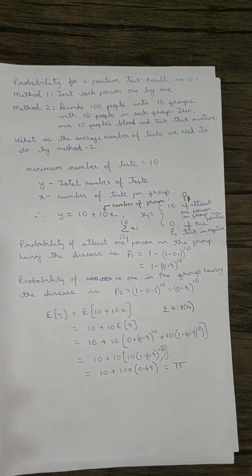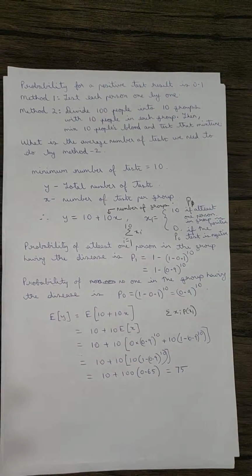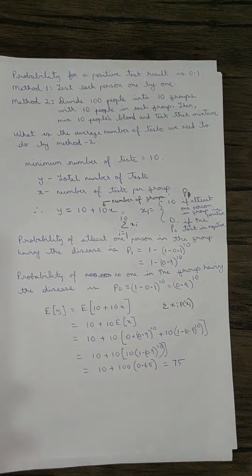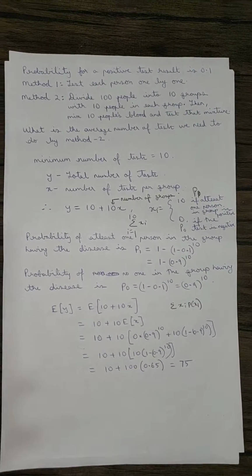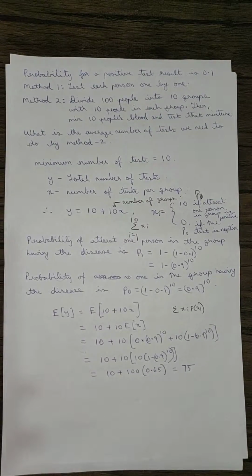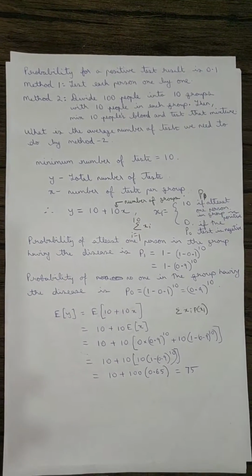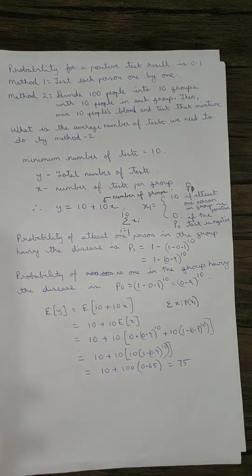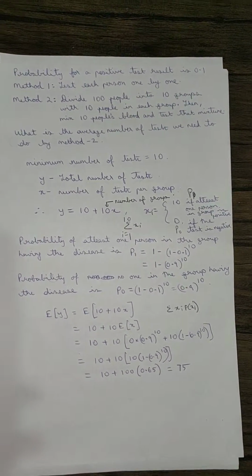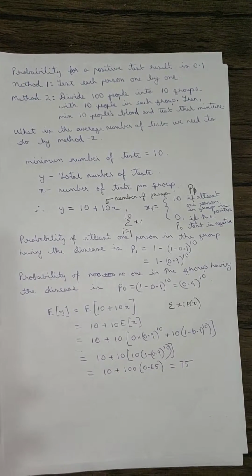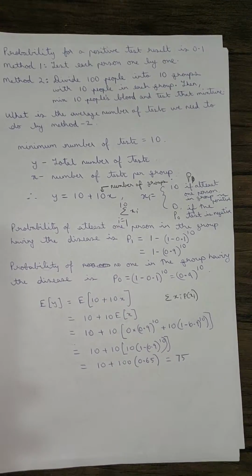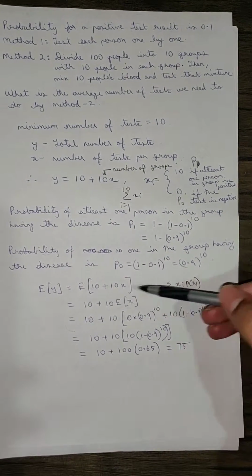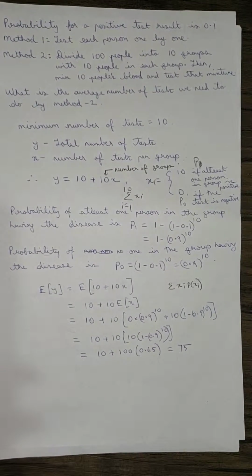Here x can be denoted as a random variable, therefore the average value, or the expected value, of y is the expected value of 10 plus 10x. Since 10 is a constant and the average is a linear operation, we can calculate it as 10 plus 10 times the expected value of x.